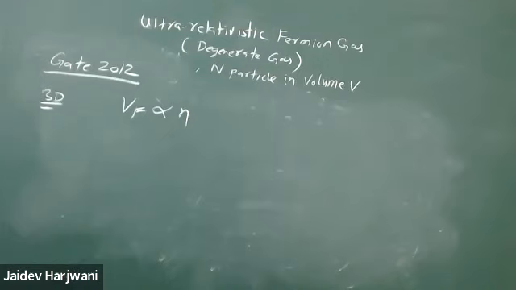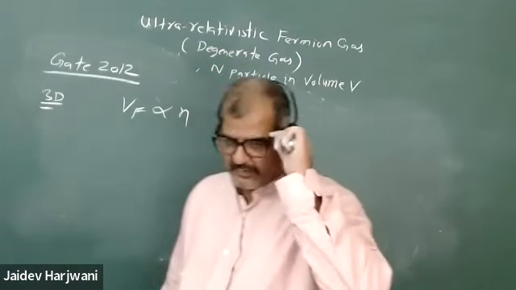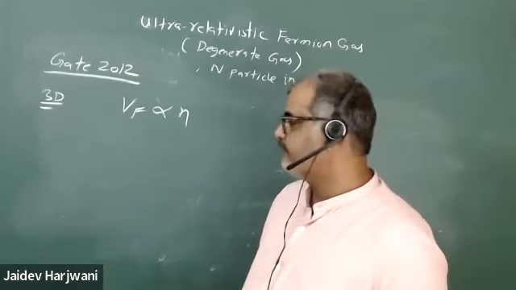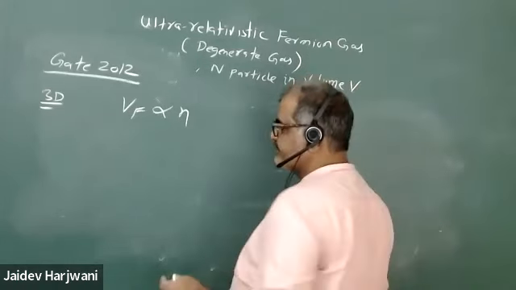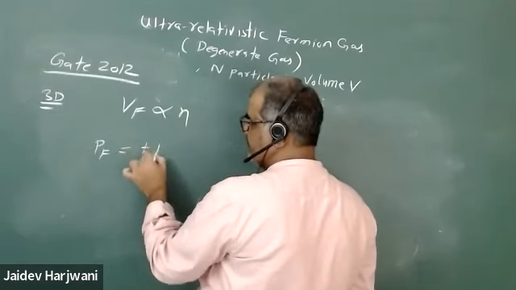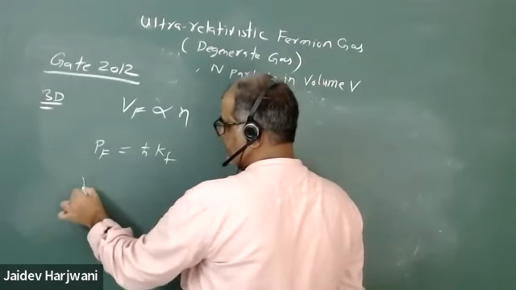So let me check the answer and resolve it. Question 5. How can we do it? How to approach this problem? Your Fermi velocity. Can I write like this? Fermi momentum is equal to h cut kf. From there I want velocity vf.